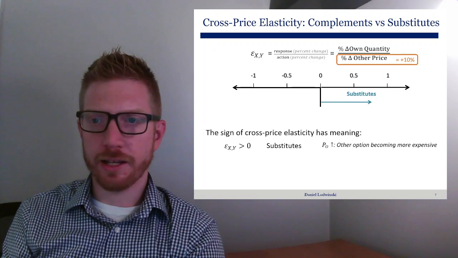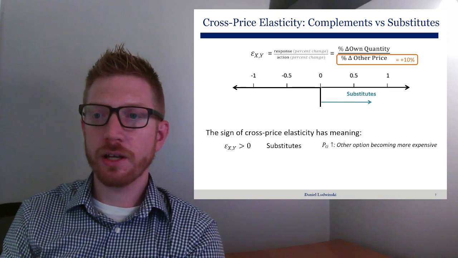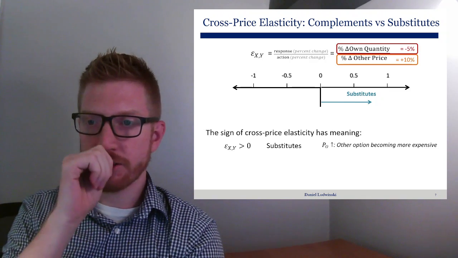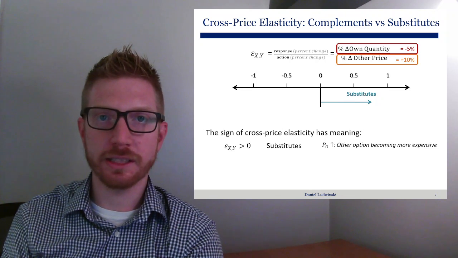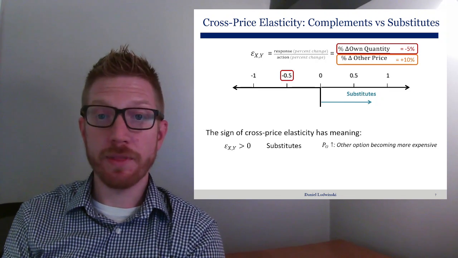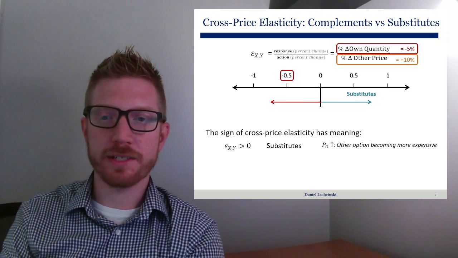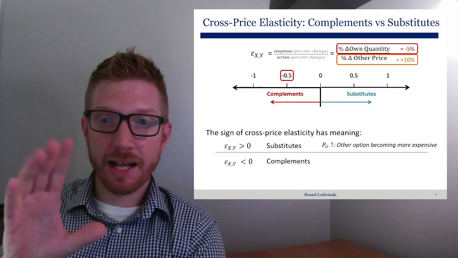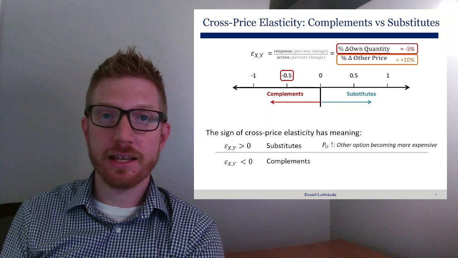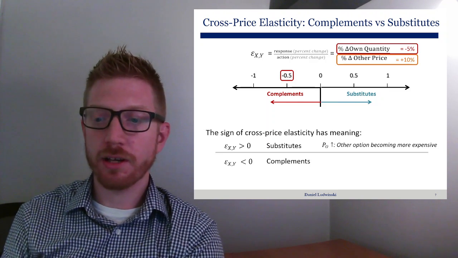If, on the other hand, a price increase of a related good is leading to a decrease in purchase, a negative percentage change in quantity, that's a negative elasticity when we have opposite signs. When we have negative elasticity, this is the case of the goods being complements.